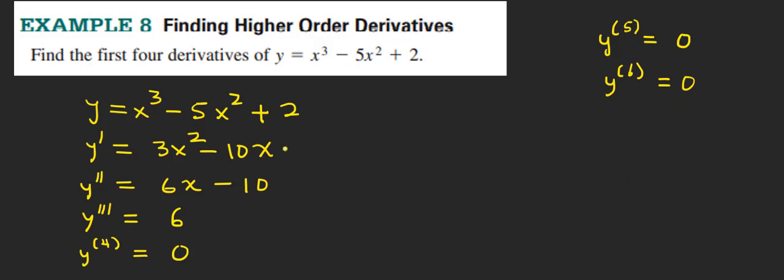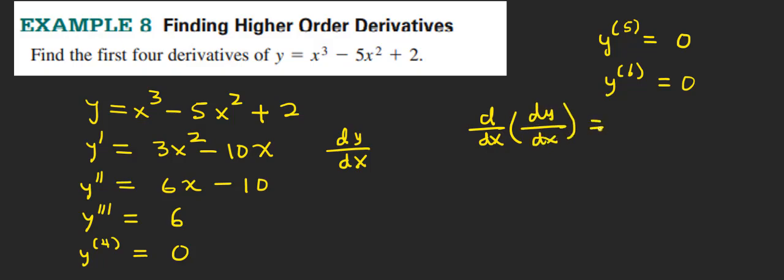Now, besides y prime, you know that we also use dy over dx, the derivative of y with respect to x. These are like the first derivative. Now, what will be the notation for the second derivative using dy over dx? That will be the derivative of dy over dx, which is d squared y over dx squared.